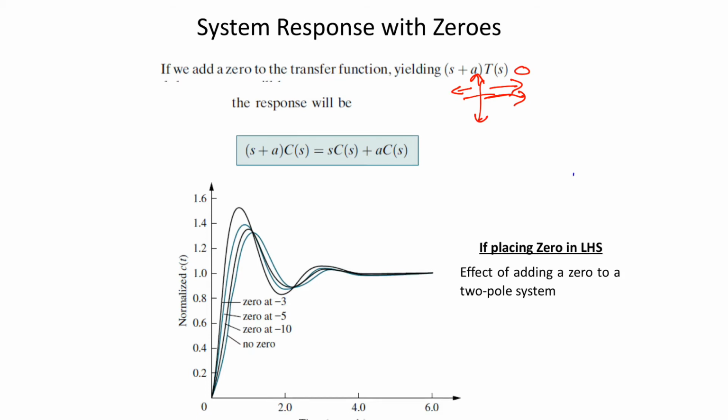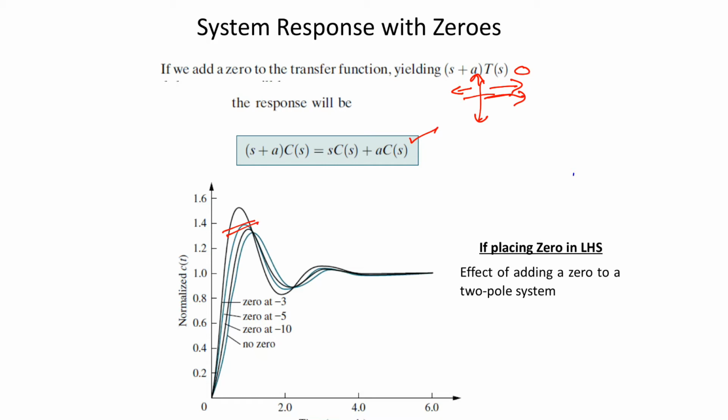Now, if we place the zero in the right half plane, then we see that the derivative term, which is positive initially, gives some overshoot. Okay, it will be of opposite sign from the scaled response.